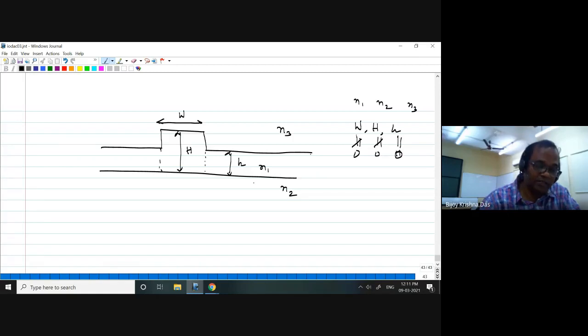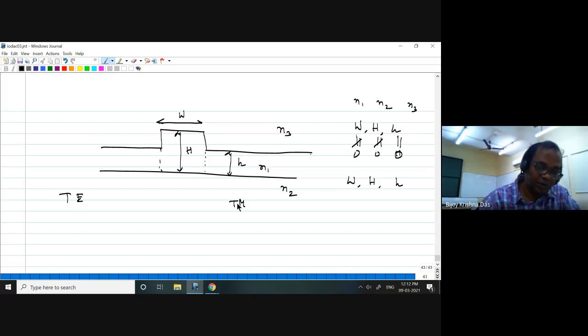So how to analyze this type of waveguide? How to define these values of W, H, small h, so that I can ensure that a certain number of modes are guiding and certain polarizations are there? Polarization means, as we defined earlier, two different types of polarization, one is TE, another is TM, right?